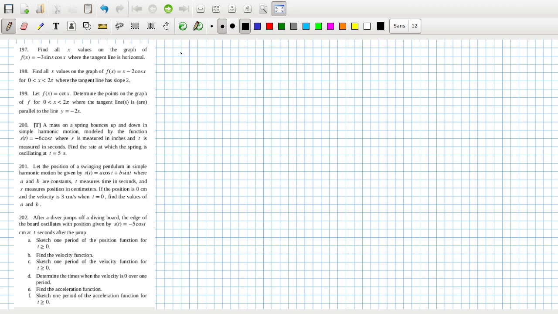Okay, so a cos t plus b sin t, that's the position function. The velocity function would be minus a sin t plus b cos t.